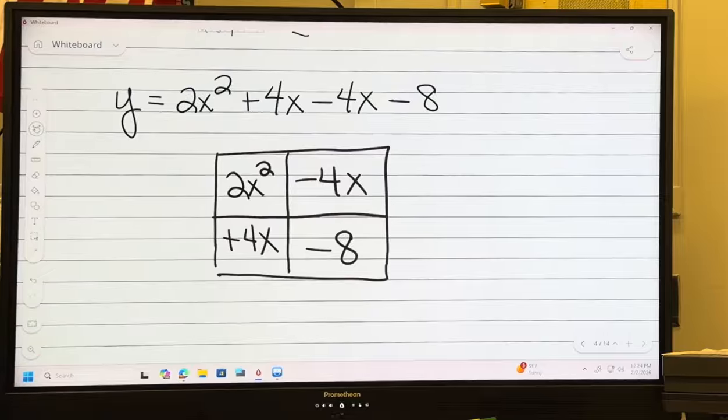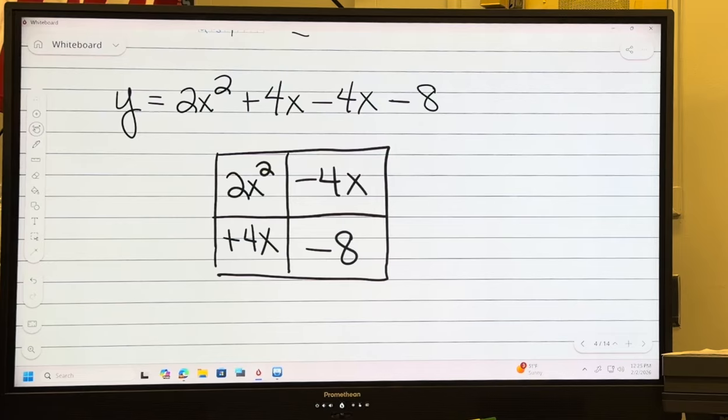What's this ordered pair? 0, 0. What is this ordered pair? 3, 0. This point? Where is it sitting? On the x-axis. So what is the y? 0. So then what's this ordered pair? 3, 0. What is this ordered pair? 7, 0.